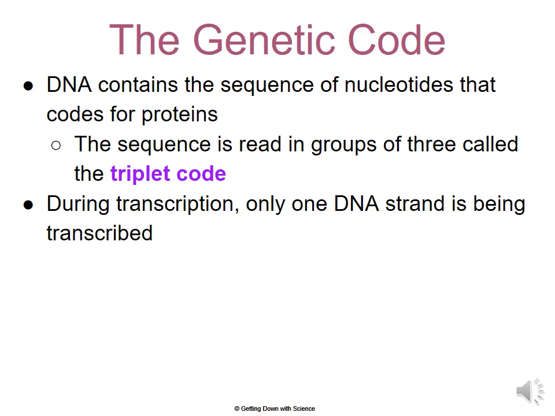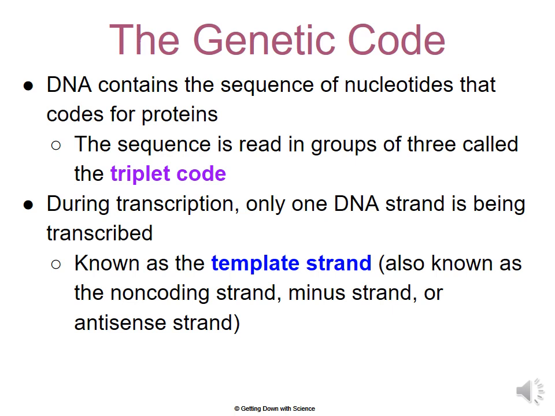During transcription, one DNA strand will actually be transcribed. It is the template strand. The other one is the opposite strand. So the template strand may also be known as the non-coding strand, minus strand, antisense strand.